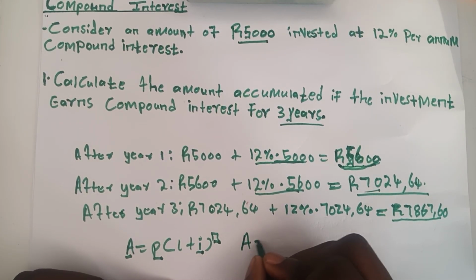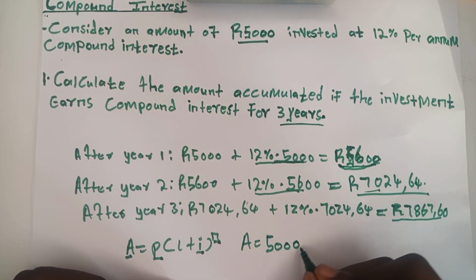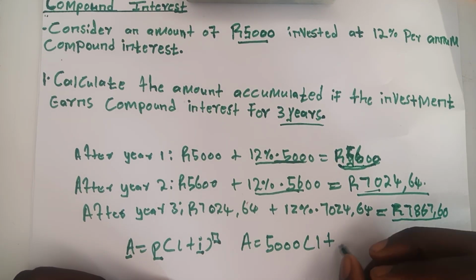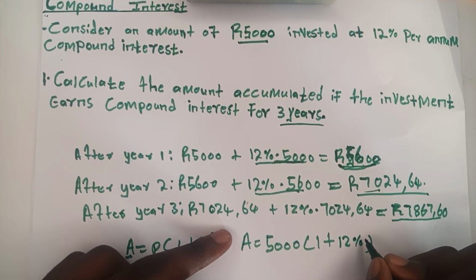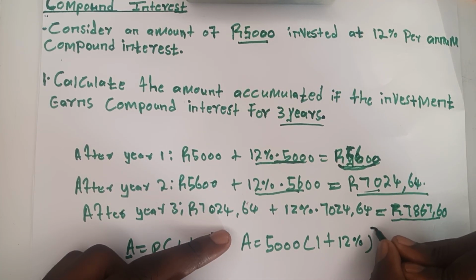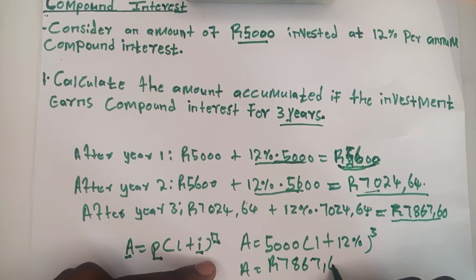A is going to be equal to P, and our P is going to be 5,000, times (1 plus the interest rate, which is 12%), to the power of the number of years, which is 3. And if you punch this into the calculator correctly, you are going to still get the same answer, which is 7,867.16.